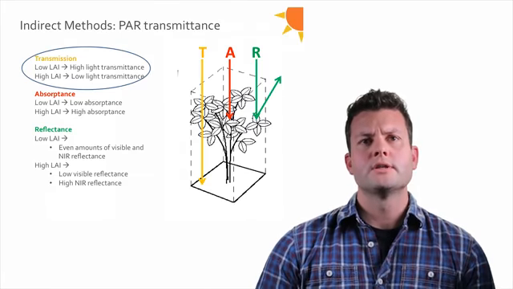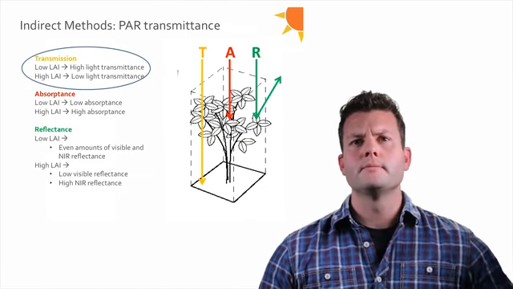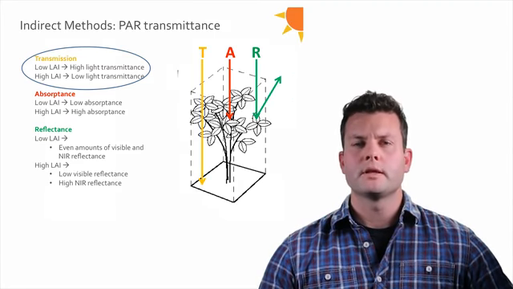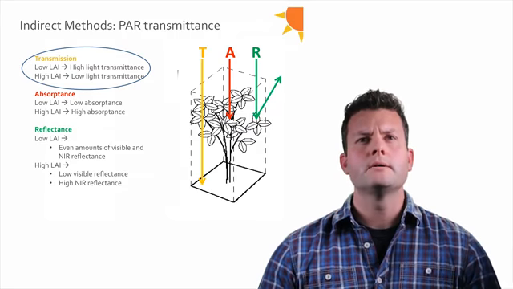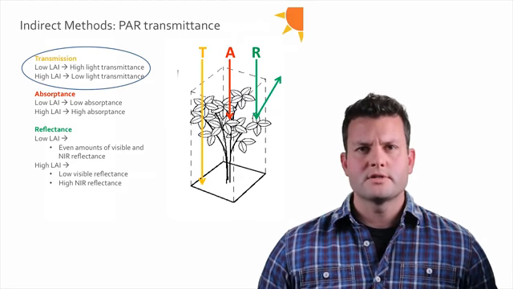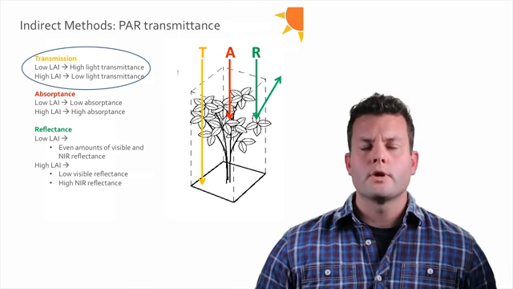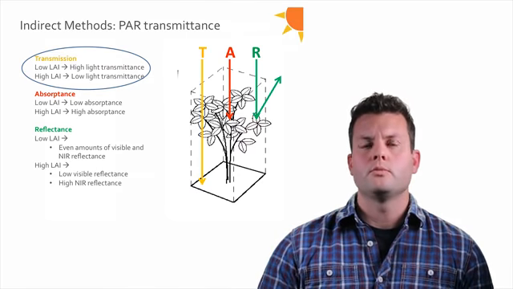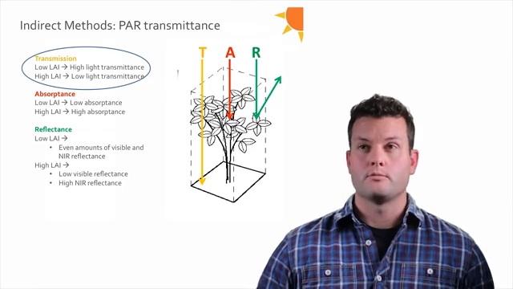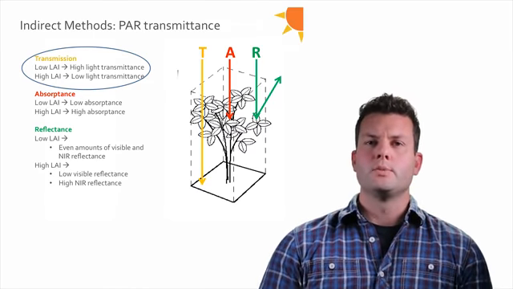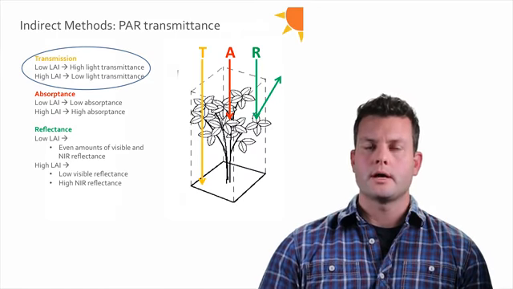Okay, so moving on to the next indirect method, we're talking about methods that use measurements of transmitted light to estimate LAI. Just from a conceptual standpoint, if we're in a sparse canopy, we can see there are very few leaves there, but it also tends to be a lot brighter in the understory.